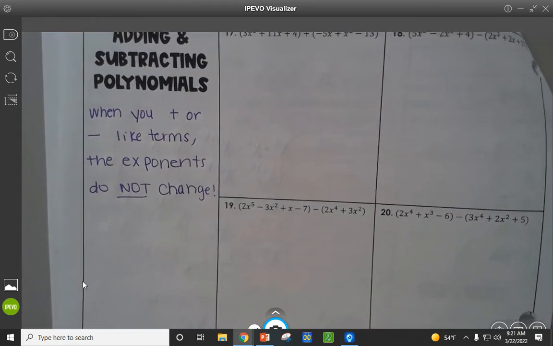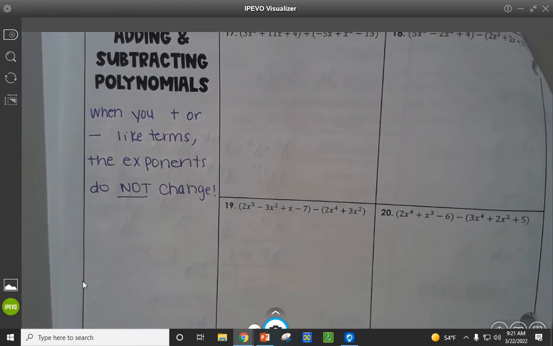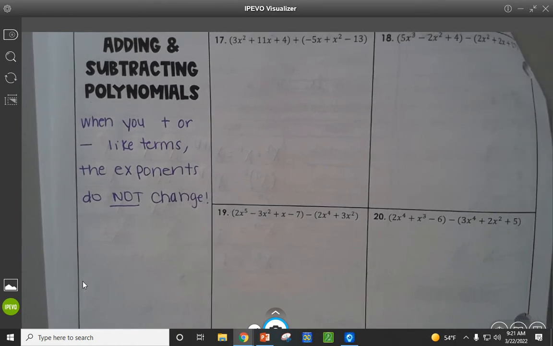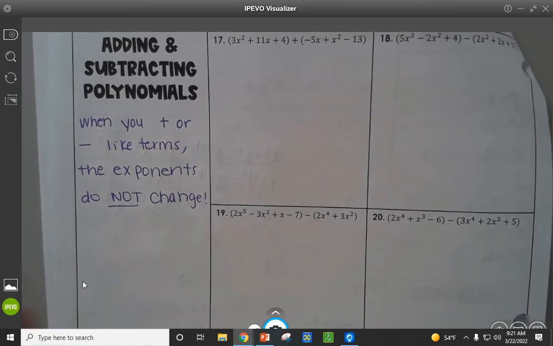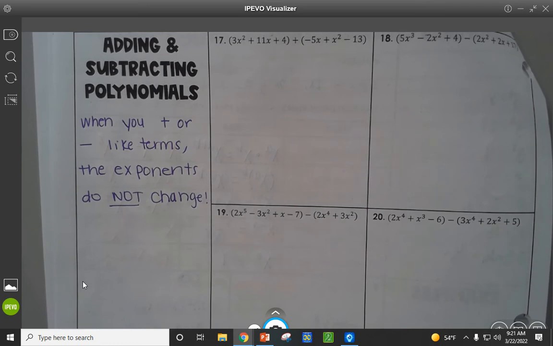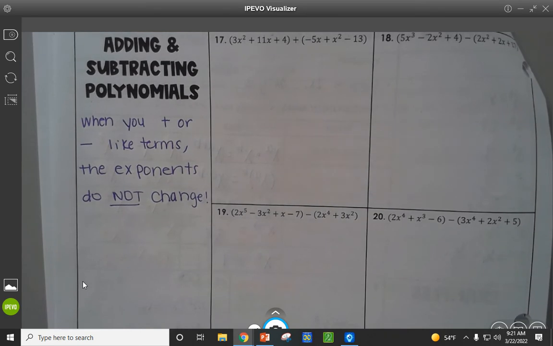When you add or subtract like terms, the exponents do not change. And to be a like term, it has to be the same variable with the same exponent. That makes them like terms.